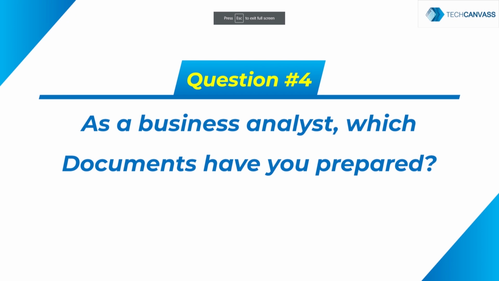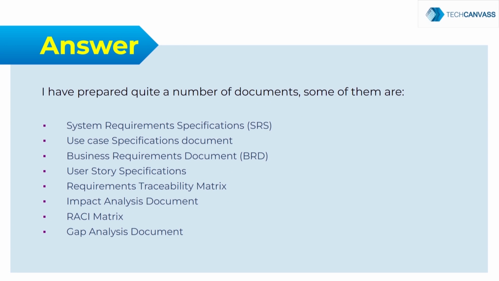Coming to question number 4, which are the documents prepared by a BA? Or they may ask you, which kind of documents have you prepared as a BA? A BA may prepare a number of documents.